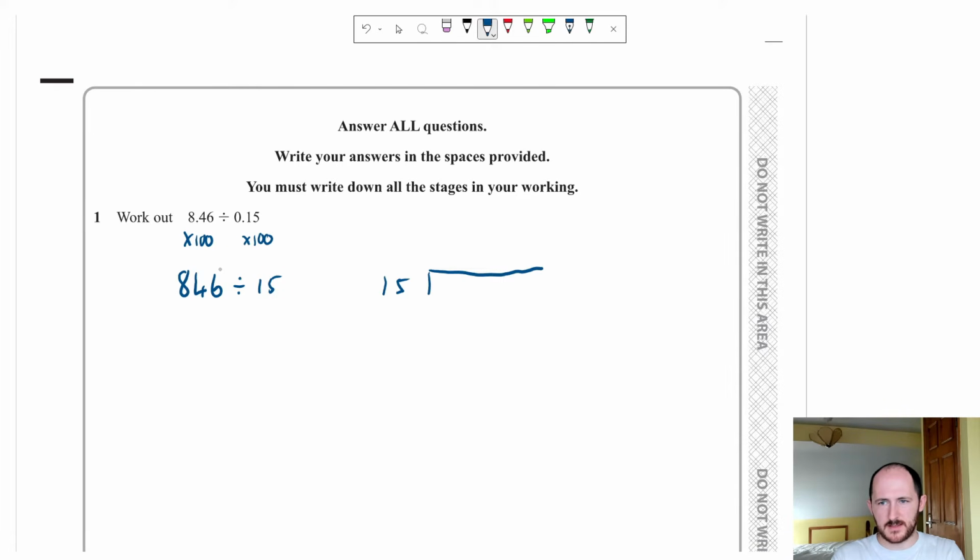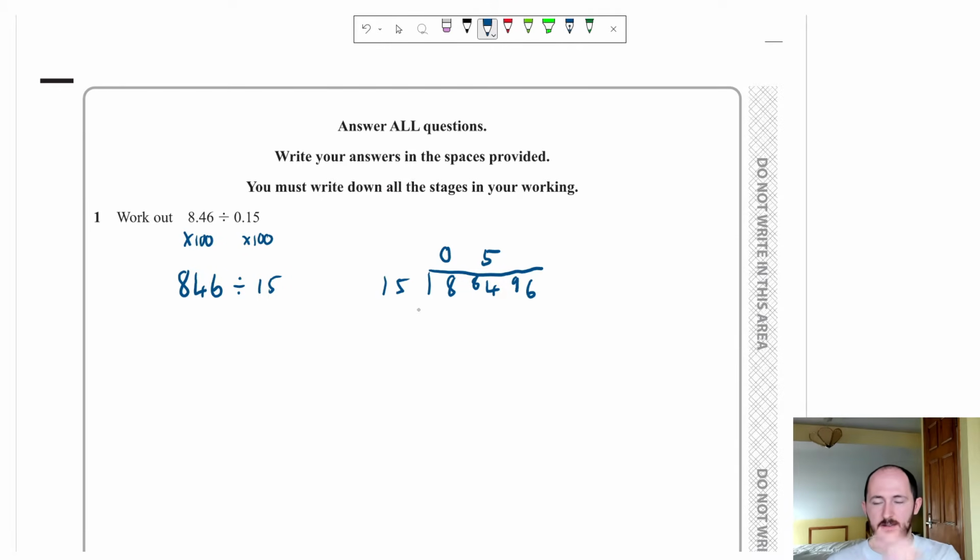It's a little bit annoying because it's quite a big number, but it's doable, right? 15 into 8 is 0, carry the 8, so 15 into 84. Well, it doesn't go into 90, so 15, 30, 45, 60, 75. The next number will be 90, so that's too big, so it's going to be 75, that's 5 times, remainder 9.